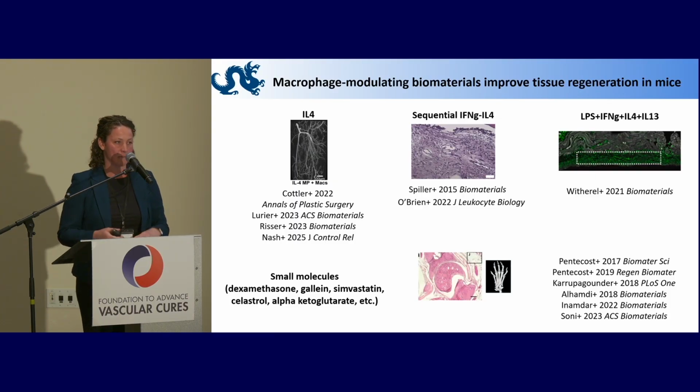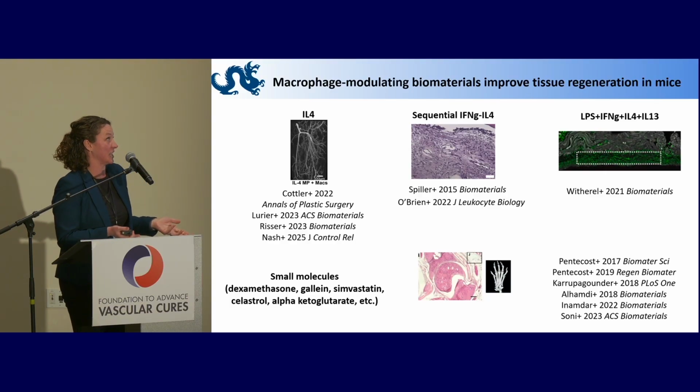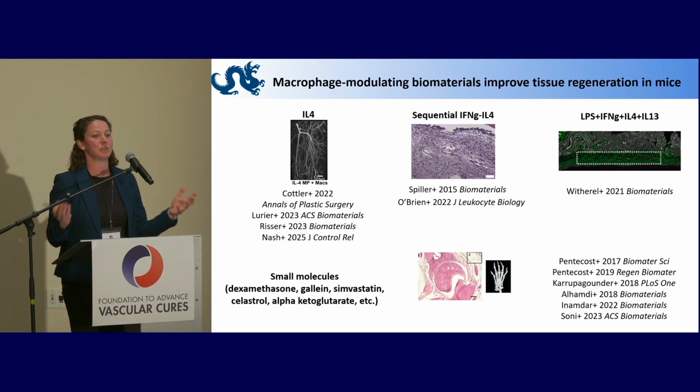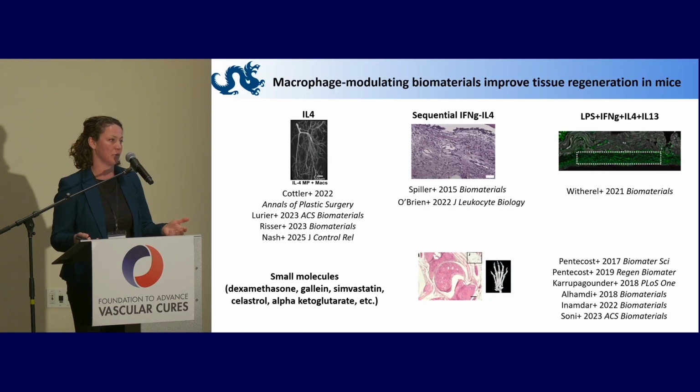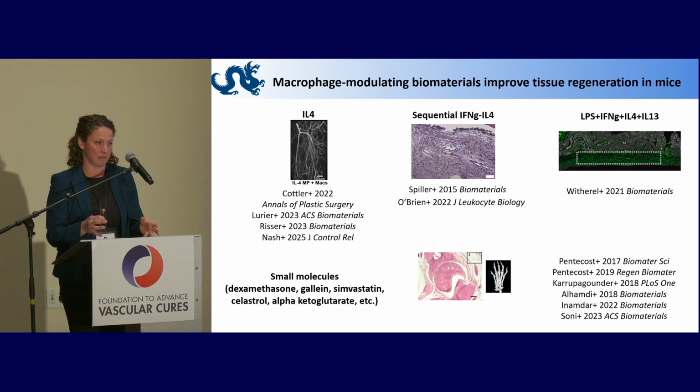And so I started thinking that maybe it's naive to think that by simply releasing a drug or a protein from a biomaterial in the setting of a wound, that's going to be sufficient to overcome the microenvironment that is really controlling macrophage behaviors.